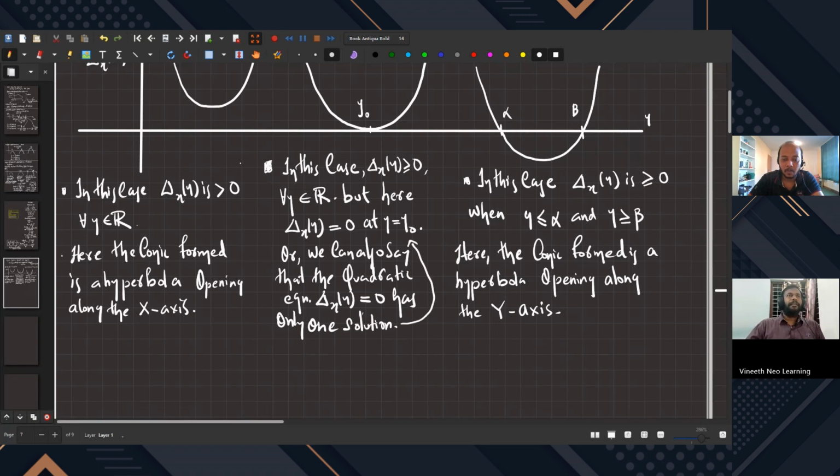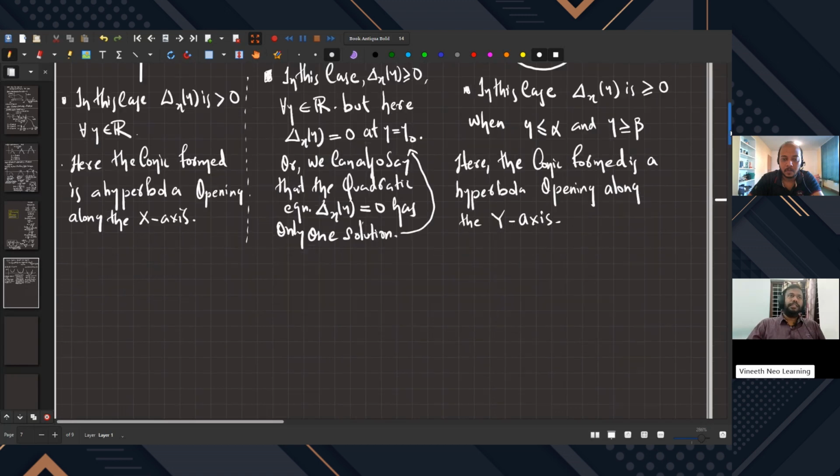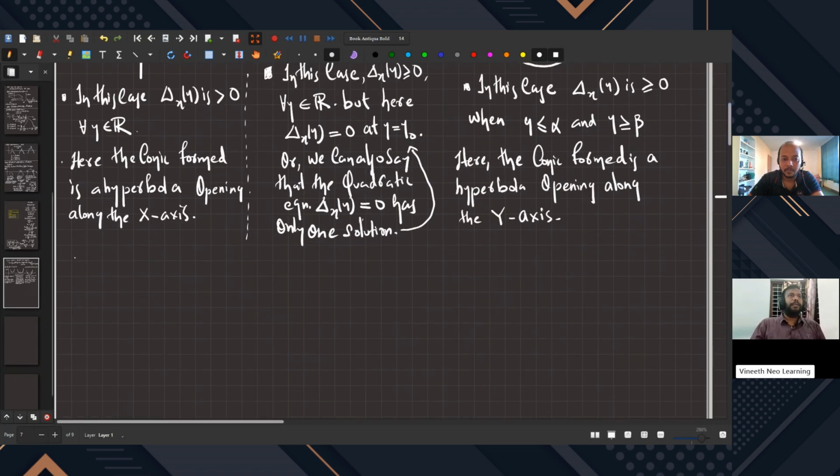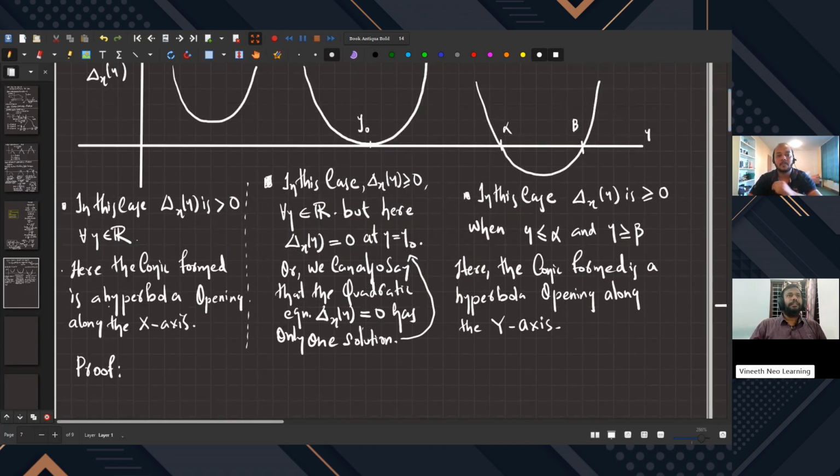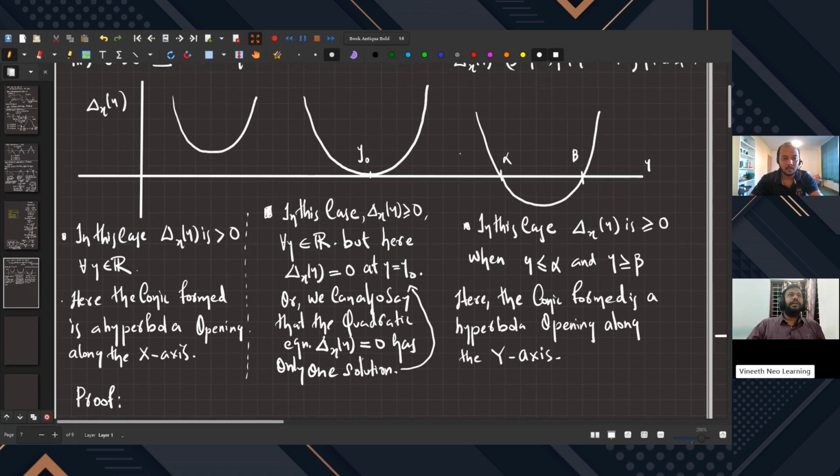Now let's get into giving the proof. Let's discuss the first case. Proofs are the most interesting thing in our lectures. Proof for this case: since delta x of y is greater than 0 for all values of y, how can we proceed with a proof here?